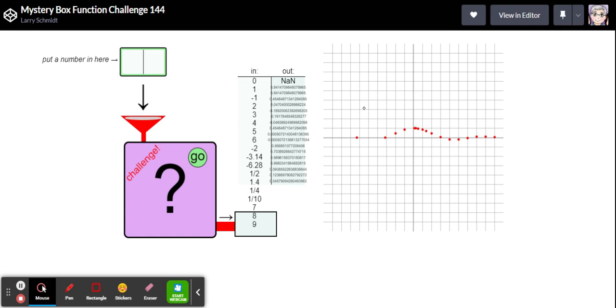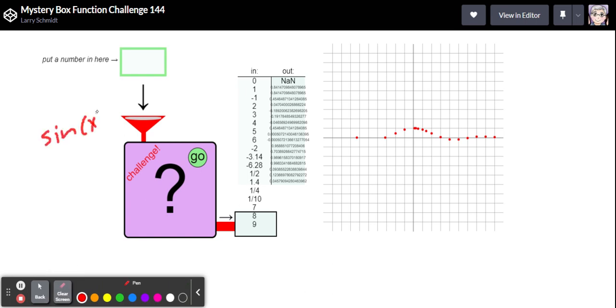So this actually looks like part of the cosine curve, but I do think this is sine because of the values for pi and 2 pi. But it looks like it gets shallower and shallower. So the values that are coming out here are closer and closer to zero the further that we go out. It's pretty steep here, but then just shallower and shallower. So what could possibly be doing that?